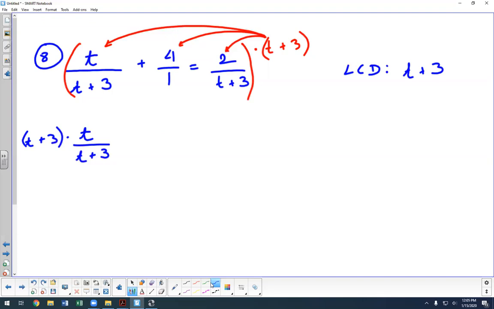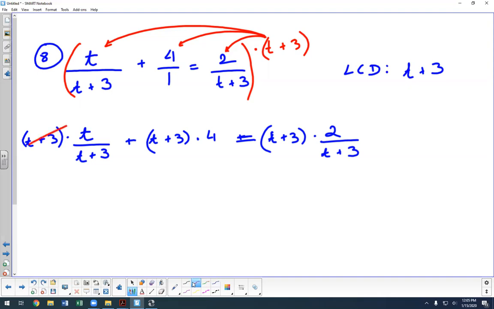Okay, so that's the LCD with the first term plus our LCD again with the second term. That should be equal to our LCD with the last term. I'm just putting the LCD in parentheses so we know they are one expression.